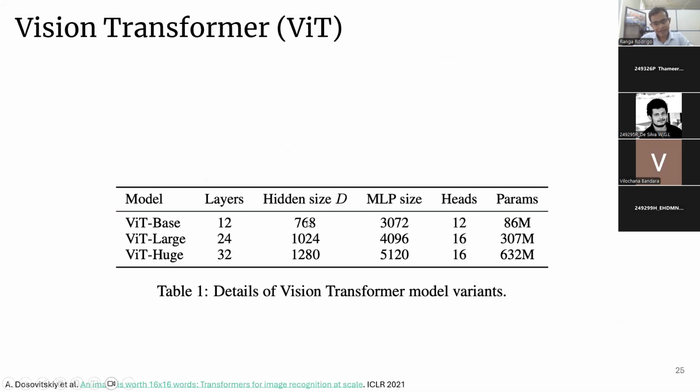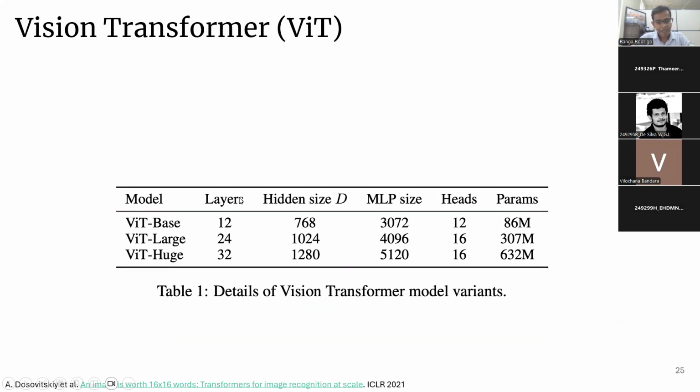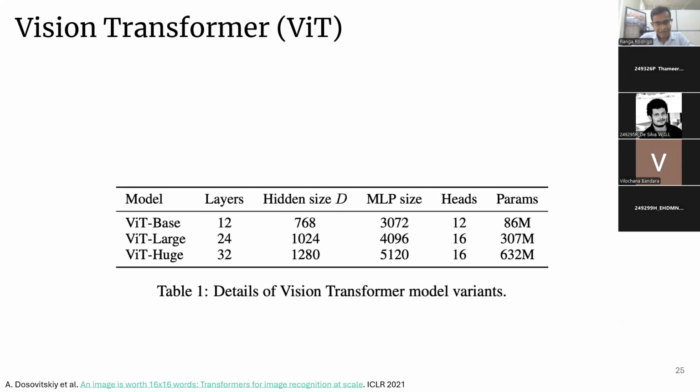The number of heads is 12 in this case, and the multi-layer perceptron size is 3072. I think here the MLP size, I'm not too sure which one they're talking about, but that's okay.